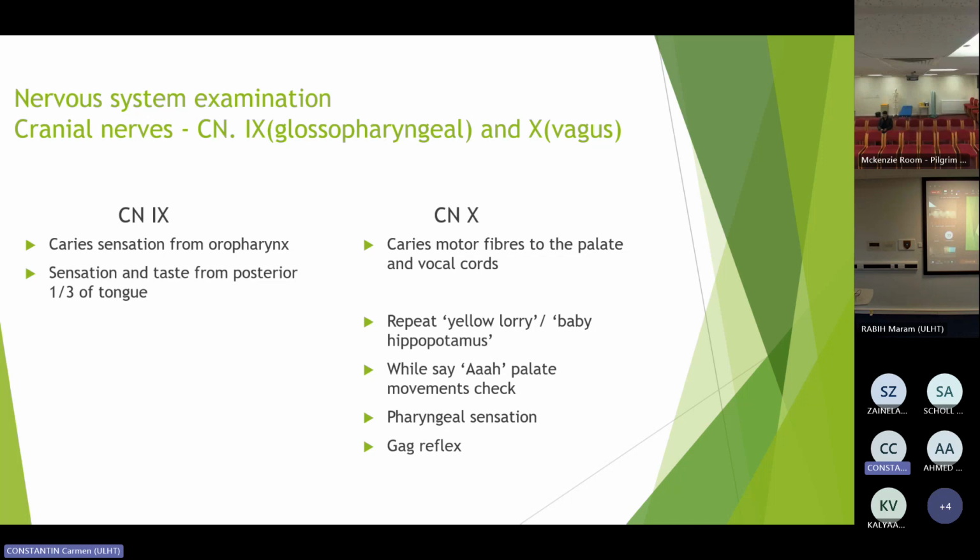We are not checking on pharyngeal sensation and gag reflex. These are tests which generally are done by the speech therapist if it's required, not on each patient.